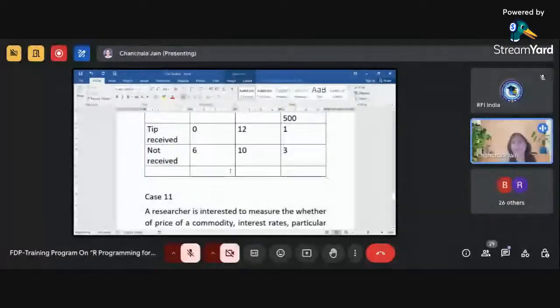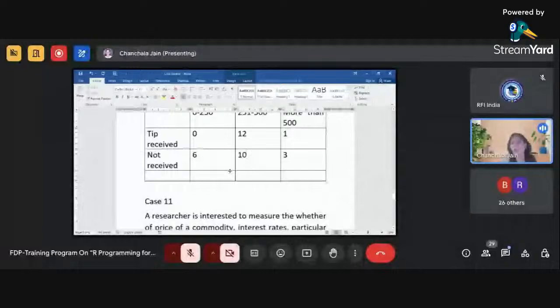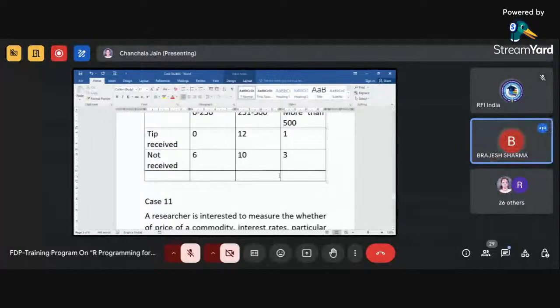You need to calculate the expected count. The expected count should not be less than 5 in more than 20% of the cells. This is the assumption of the chi-square test. But here, in the no-tips row, if the frequency is 0, then we cannot get the value of chi-square.